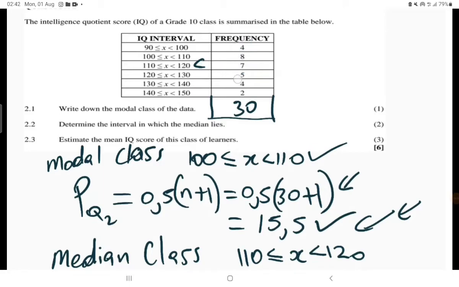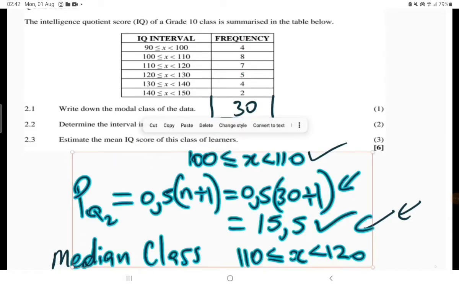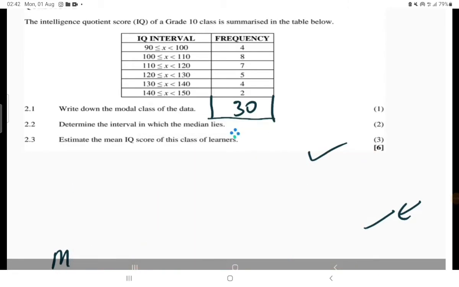So can we now go to the next one? The next one is going to ask us to find what? The next question says, determine the estimated mean. Estimate the mean IQ score of this class of learners.